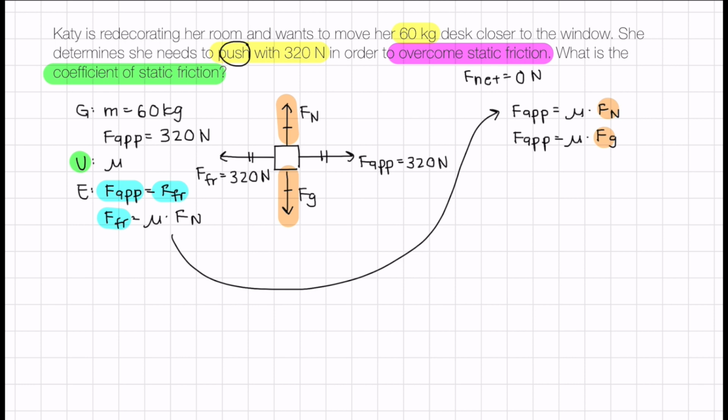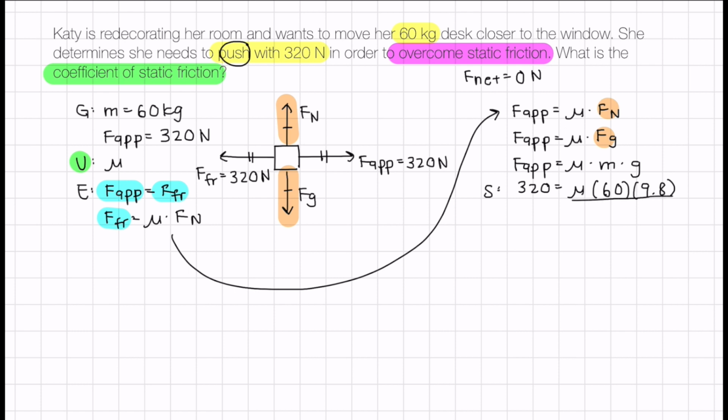And then I'm going to replace the force of gravity with mass times the acceleration due to gravity. And now we have everything that we need to substitute and solve for the unknown. So I'm going to substitute F applied is 320, mu is our unknown, the mass is 60, and gravity is 9.8.